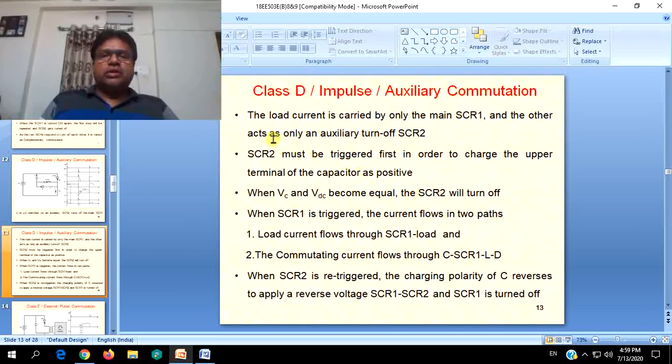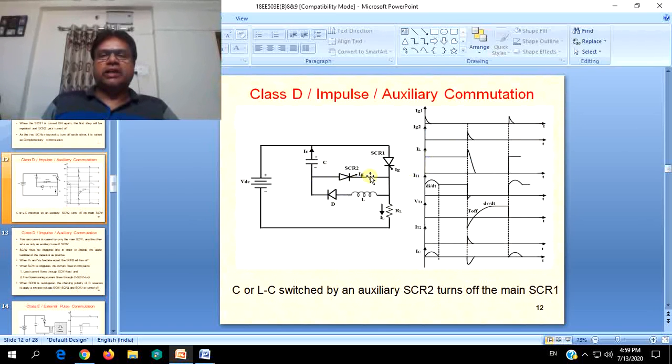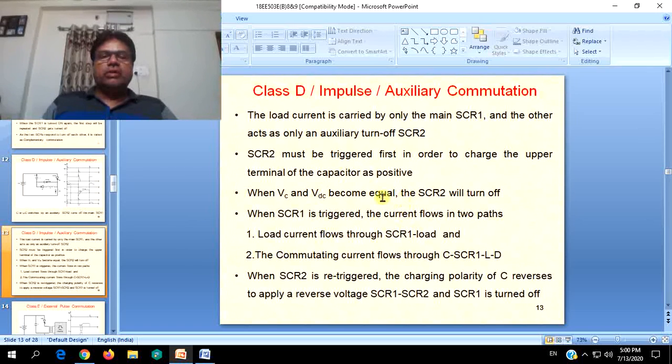Just similar to class C, the load current is carried by the main SCR and the other acts as only an auxiliary turn-off SCR. But for a very limited time, load current will also flow through SCR2, that we shall see.